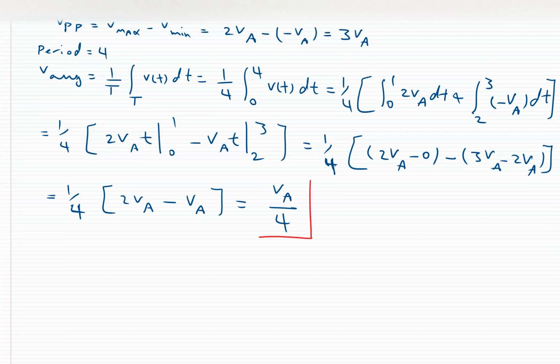So the V average for this signal is 1/4 of VA.